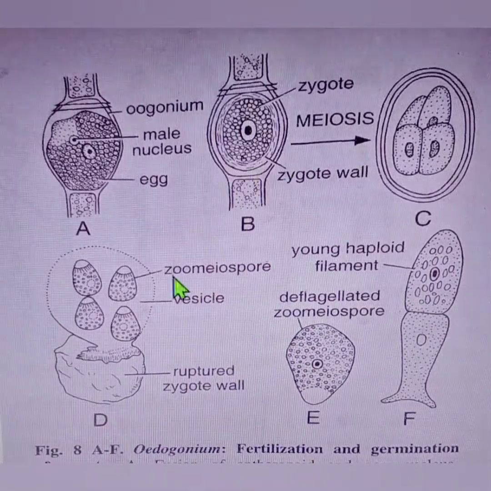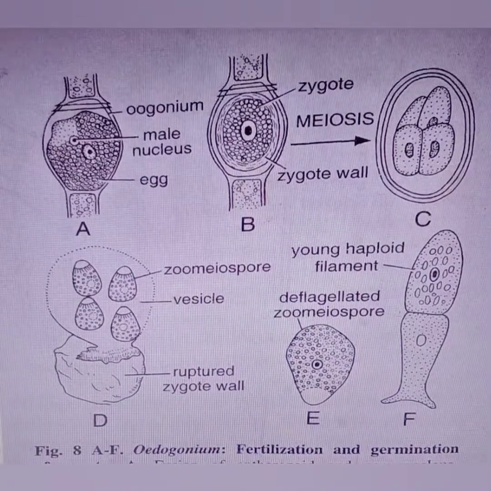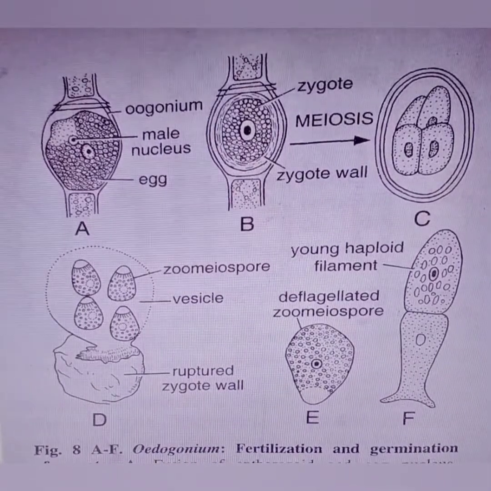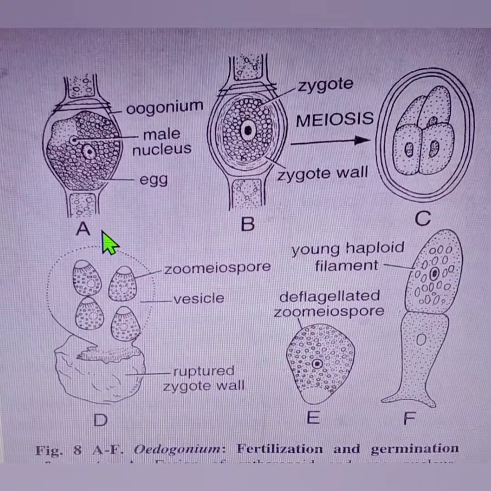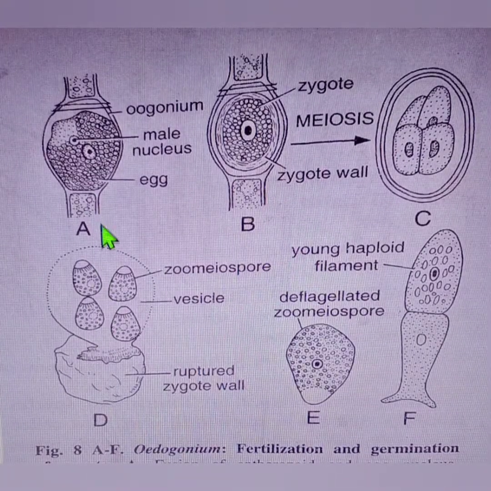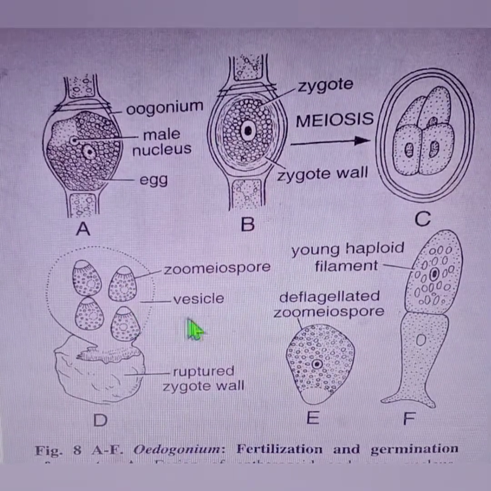In macrandrous dioecious species, if you remember, dioecious means the male and the female are borne on different filaments. So in that case, 2 of these zoospores will develop into male filaments, and 2 will develop into female filaments.